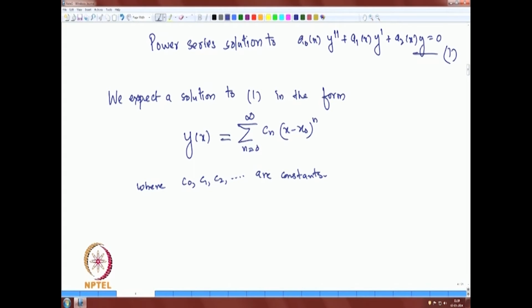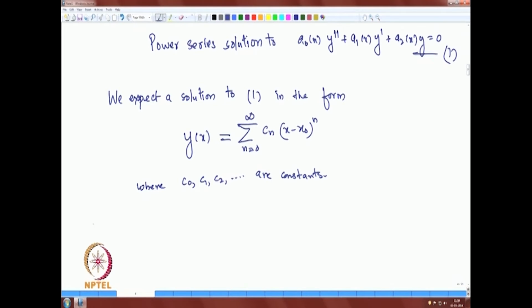So, we expect a solution to the variable coefficient differential equation 1 in a power series form, an infinite power series about a point x 0.